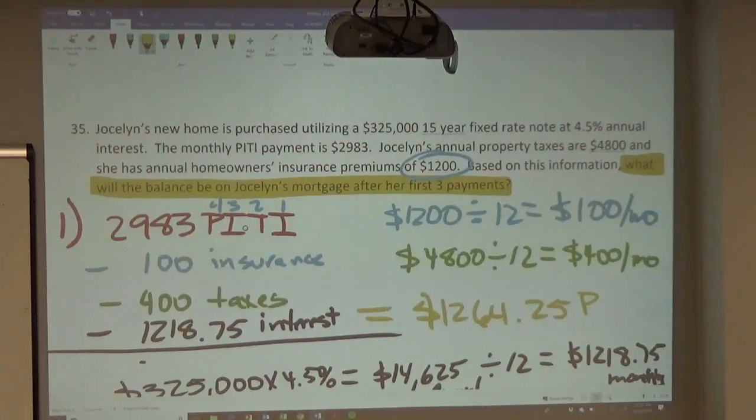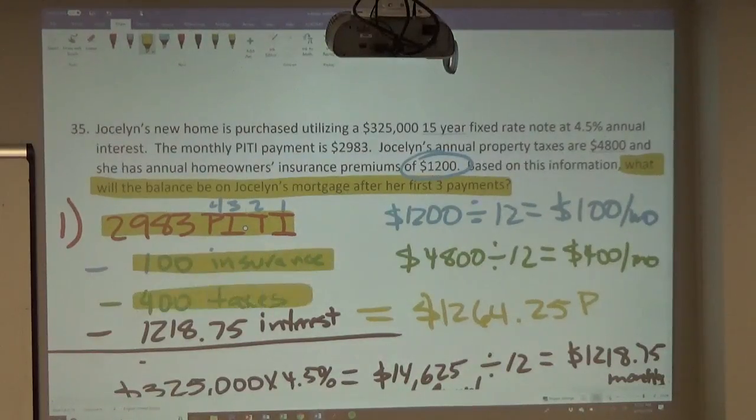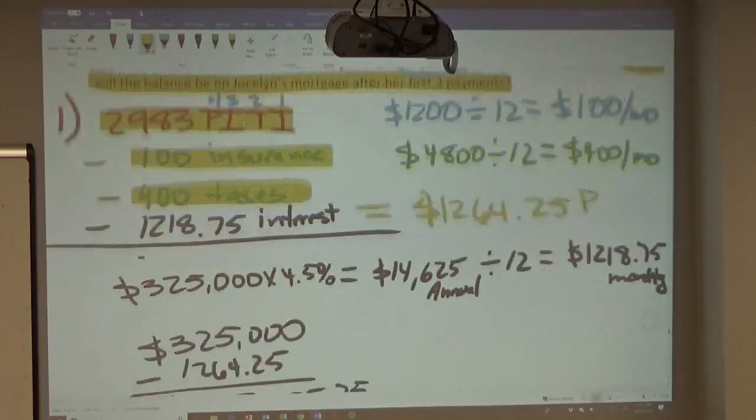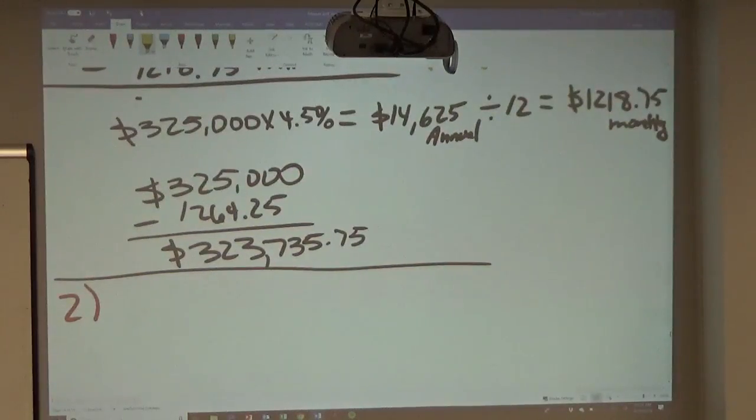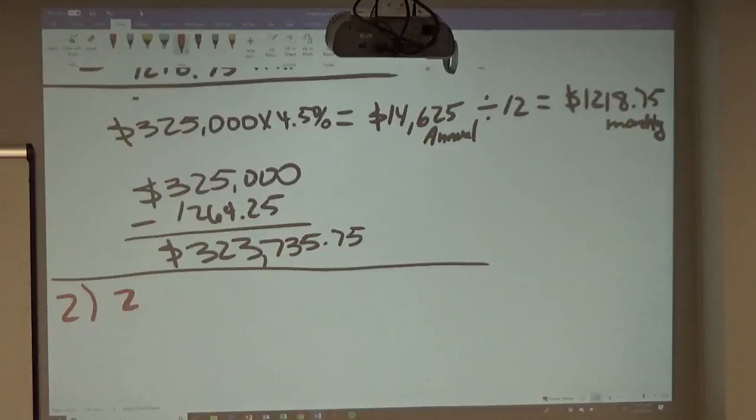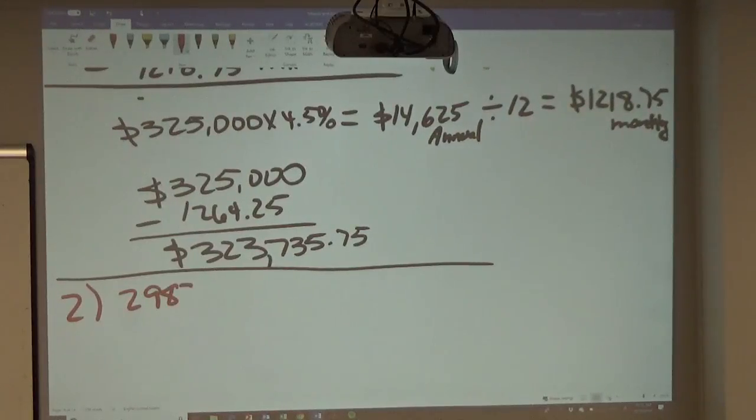That monthly payment of $2,983 stays the same. We also know that the insurance and the taxes are going to stay the same. So we can go ahead and factor that in. We got $2,983 a month for our second payment. $2,983 is the monthly PITI payment.